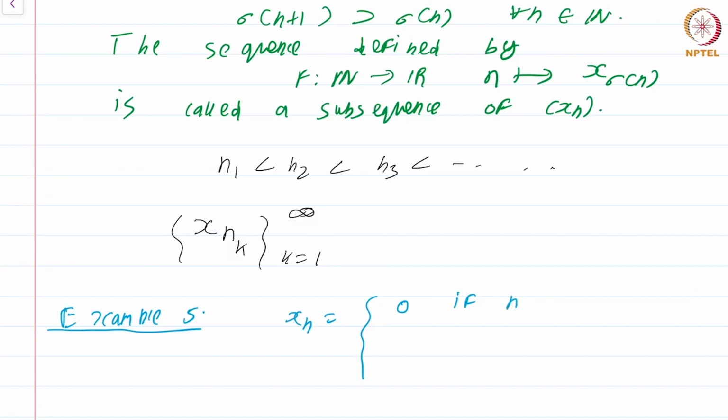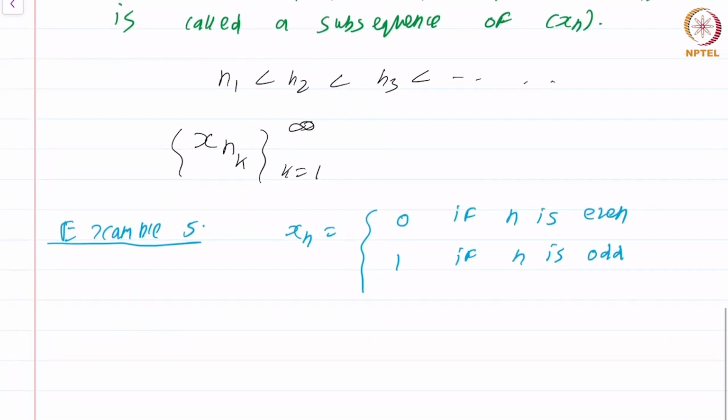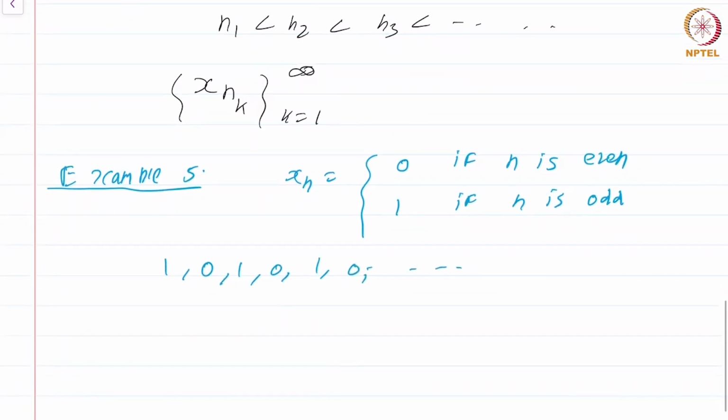Let me interchange; there is no particular reason, but it will be more useful. xn is 0 if n is even, 1 if n is odd. So the sequence goes like this: 1 0 1 0 1 0 dot dot dot, keeps going. Again, it has two interesting subsequences: 1 1 1 1 and 0 0 0 0.